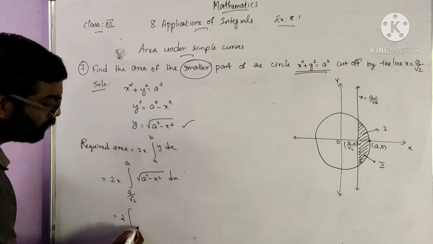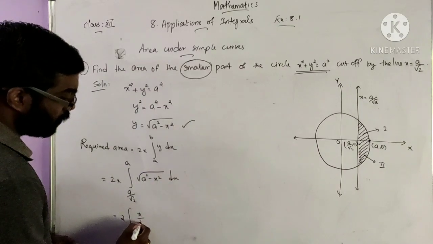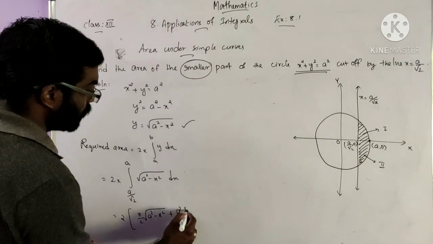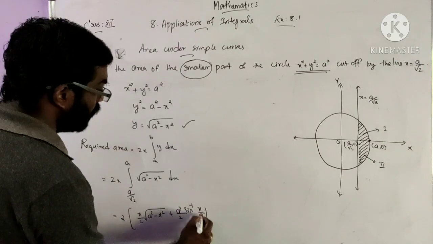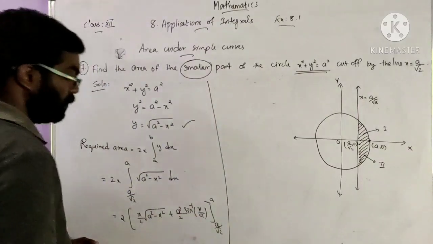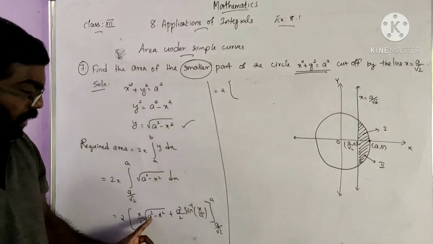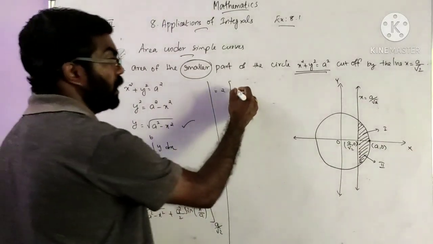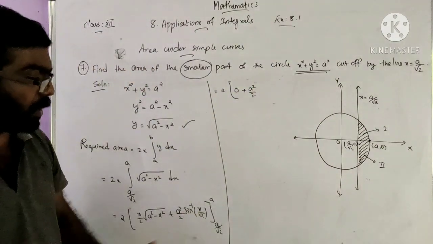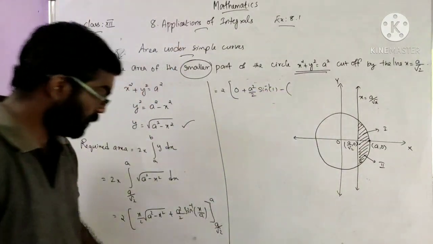So 2 × [x/2 × √(a² − x²) + (a²/2) sin⁻¹(x/a)] within the limits a/√2 to a. Now we can apply the limits. Here the upper limit gives a² − a² = 0, so the first term is 0, then plus (a²/2) sin⁻¹(a/a), that is sin⁻¹(1), minus the lower limit.